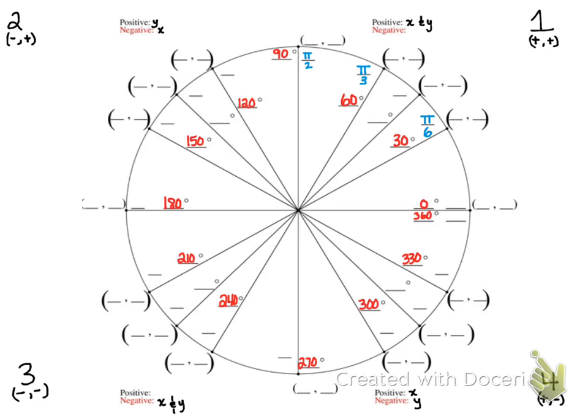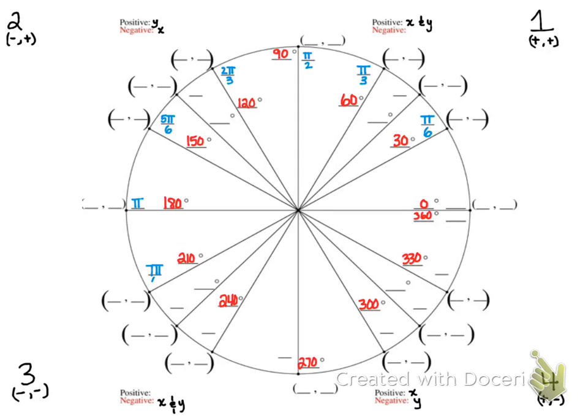Alright, so keep counting in terms of pi over 6s. So we did 1, 2, 3, 4 pi over 6. That reduces to 2 pi over 3. 5 pi over 6 doesn't reduce, and that's the radian value right here. And then 6 pi over 6 is pi. Continuing this pattern, we're going to have 7 pi over 6.